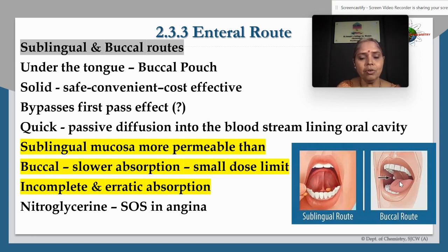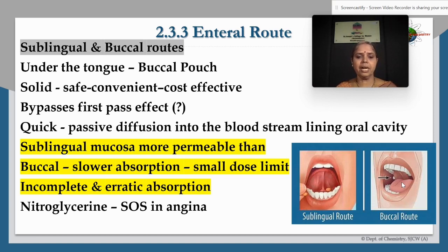Sublingual means the area under the tongue is provided with a rich supply of blood. So whenever a person is in angina or heart attack, or is likely to get it, the doctor will say put the medicine under the tongue and leave it like that.